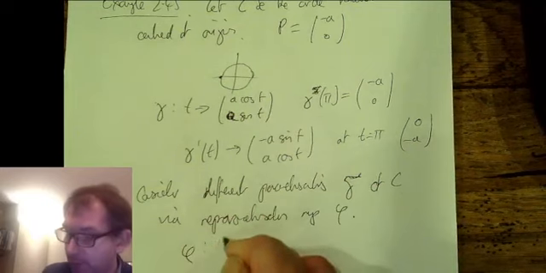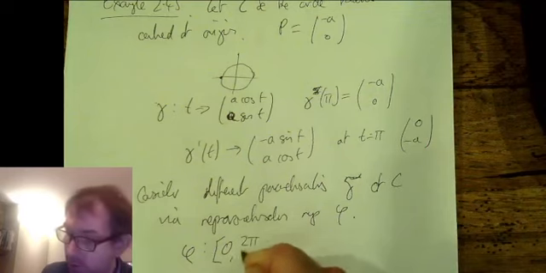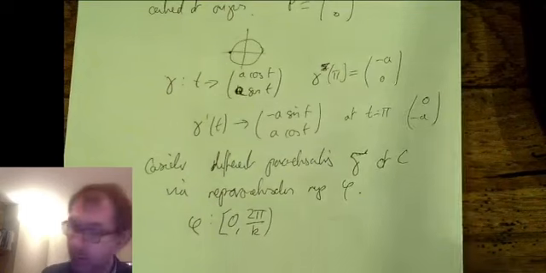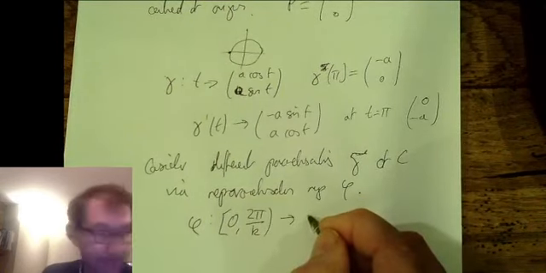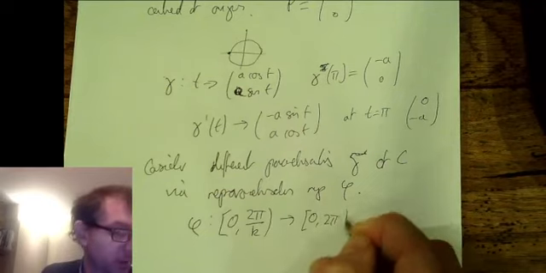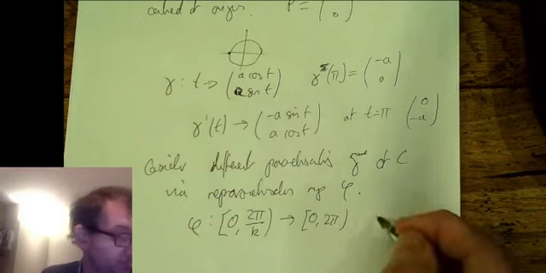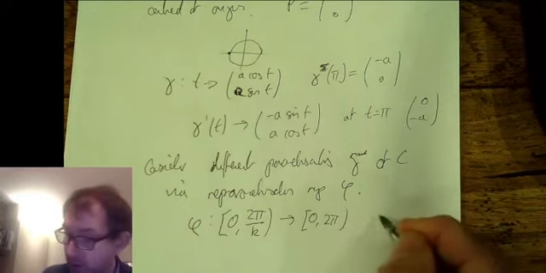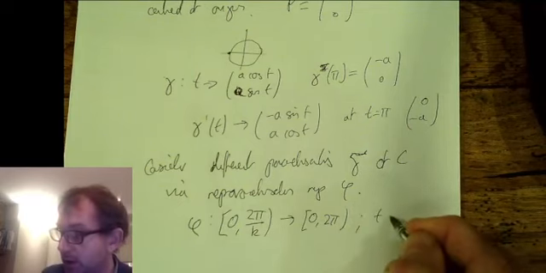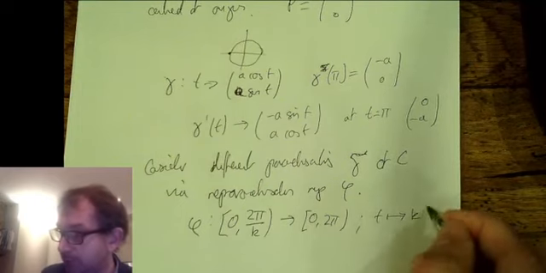So let's say phi takes [0, 2pi/k] to [0, 2pi] by just scaling by t. So we take t to k times t.